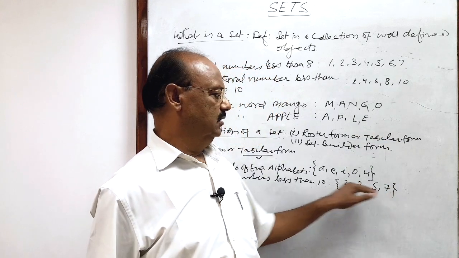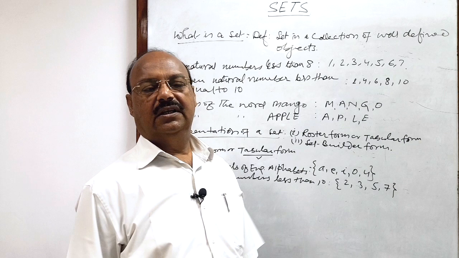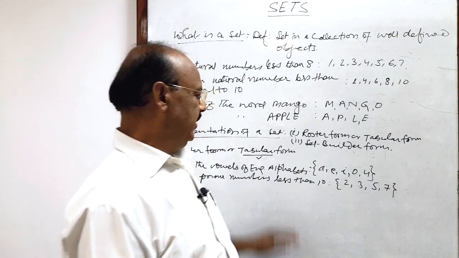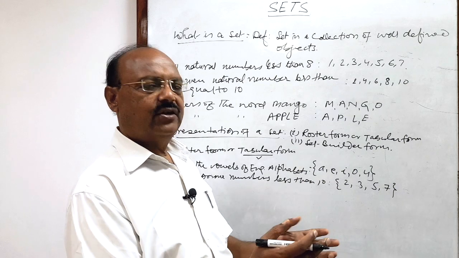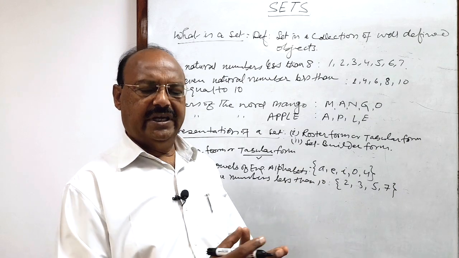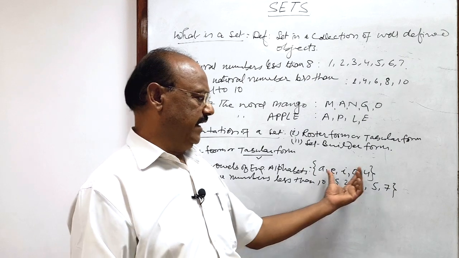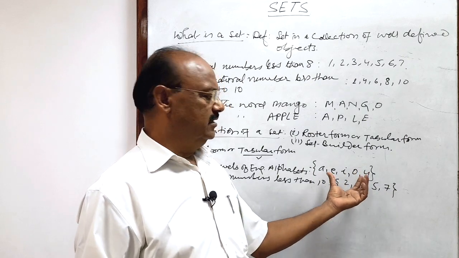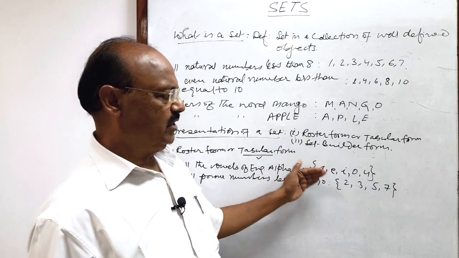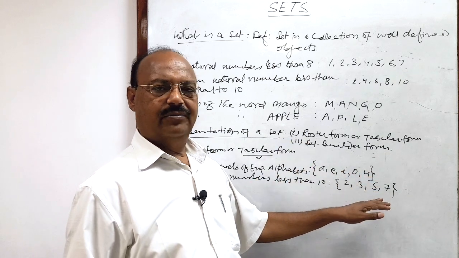These are all prime numbers less than 10. So in this way we can make a collection of well-defined objects and keep all these elements, all these objects inside a curly bracket. Then this is the way of representing a set in roster form or tabular form.